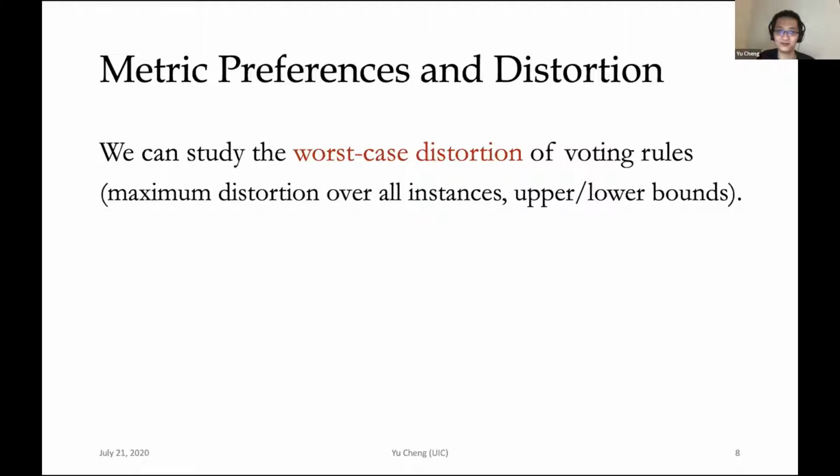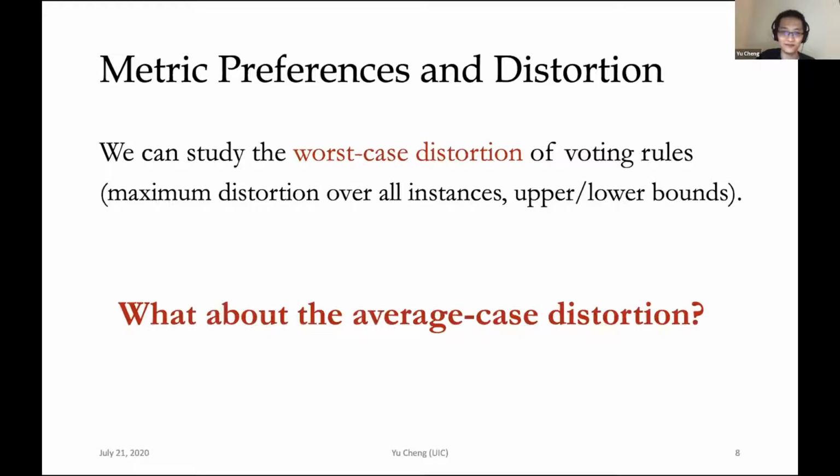We just want to raise questions on this worst case distortion. The motivating question is, what about average case distortion?